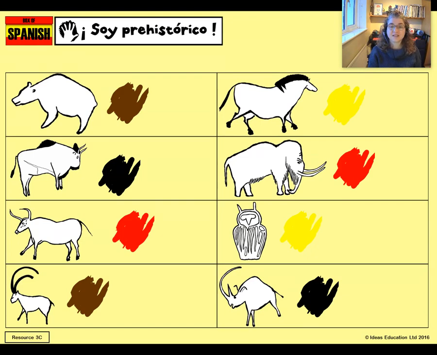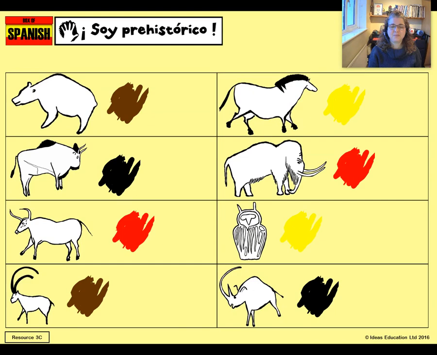Have you got it? Un toro de color rojo. And the last one on that one is a goat of the color brown. How will we say that one? Una cabra de color marrón.